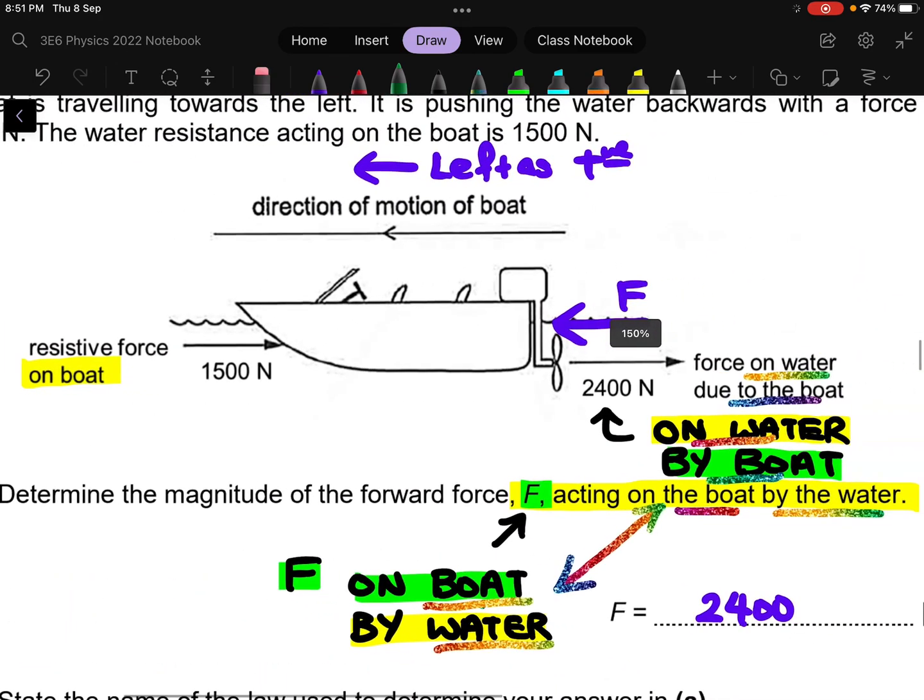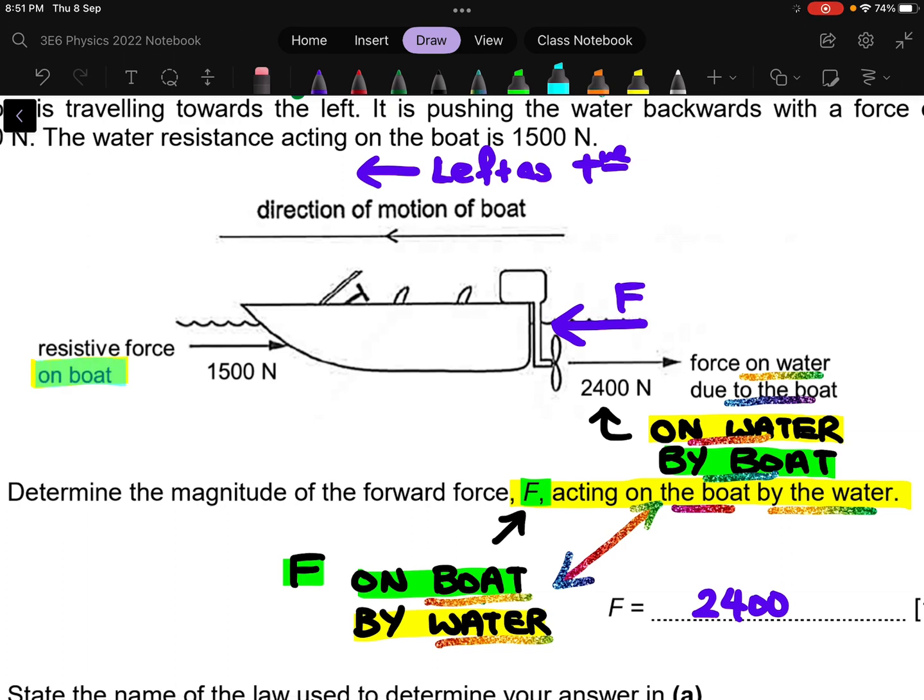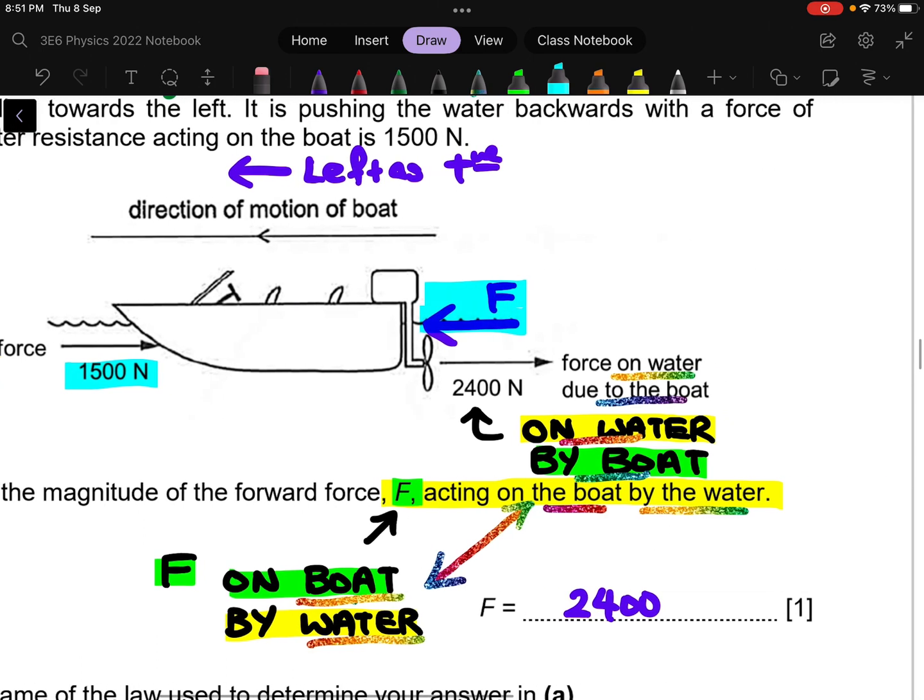Let me share with you what I mean by acting on the boat. If you look at the question, can you see that this resistive force is acting on the boat? The F over here is also a force acting on the boat. How about this 2400 Newton force? Is this force acting on the boat? Not really.